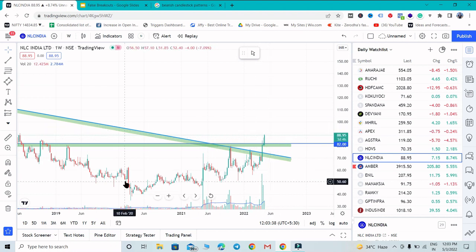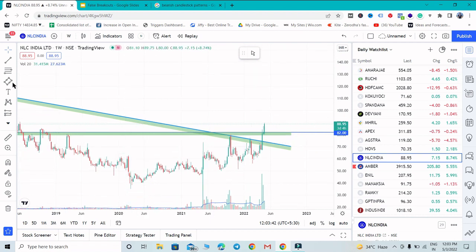And if it has broken the support, let's take an example of the support. We can see that this is a good support zone. If the stock price comes over here, consolidates for some time, and breaks the support zone, there will be no buyers left.